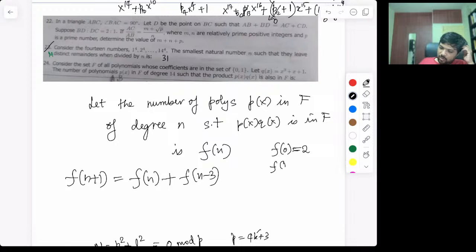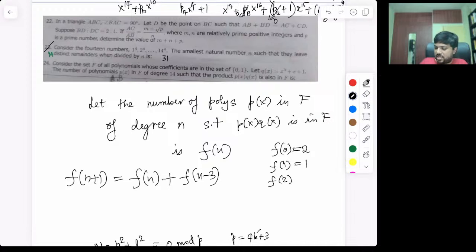So f of 1, a degree 1 polynomial, I mean there's a gap of 4 here, no? The gap of 4 means you need 4 levels of initial conditions. So f of 1 is 1, right?